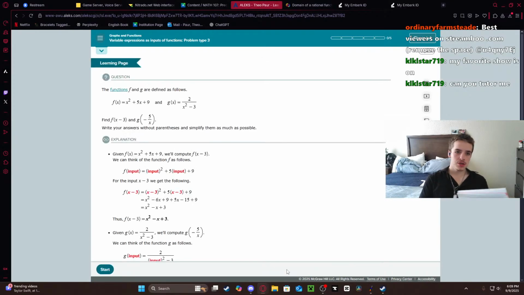Okay, variable expressions as inputs of functions, problem type 3. Let's look at the notebook. Okay, variable expressions as inputs of functions, problem type 3 takes us to page 80.